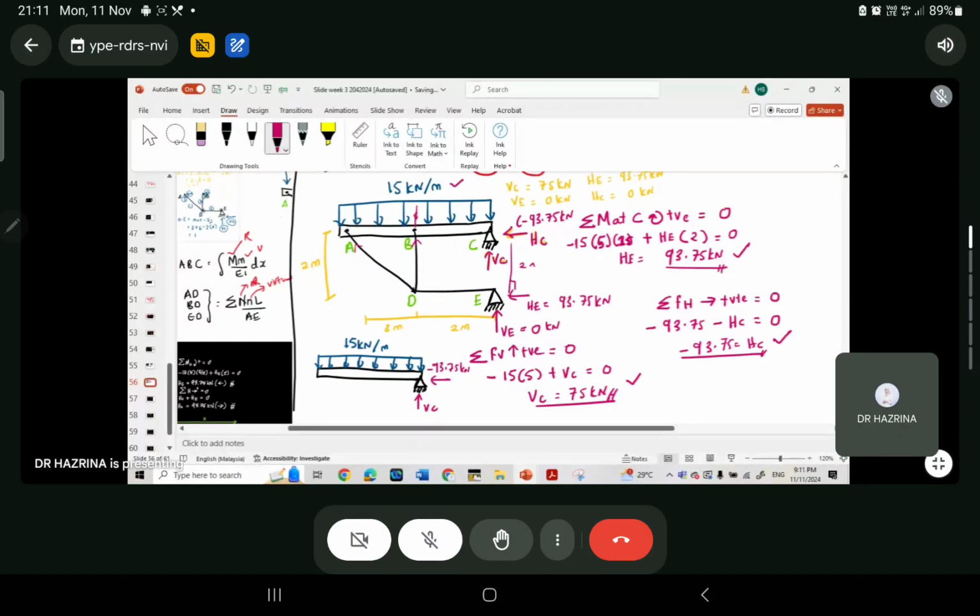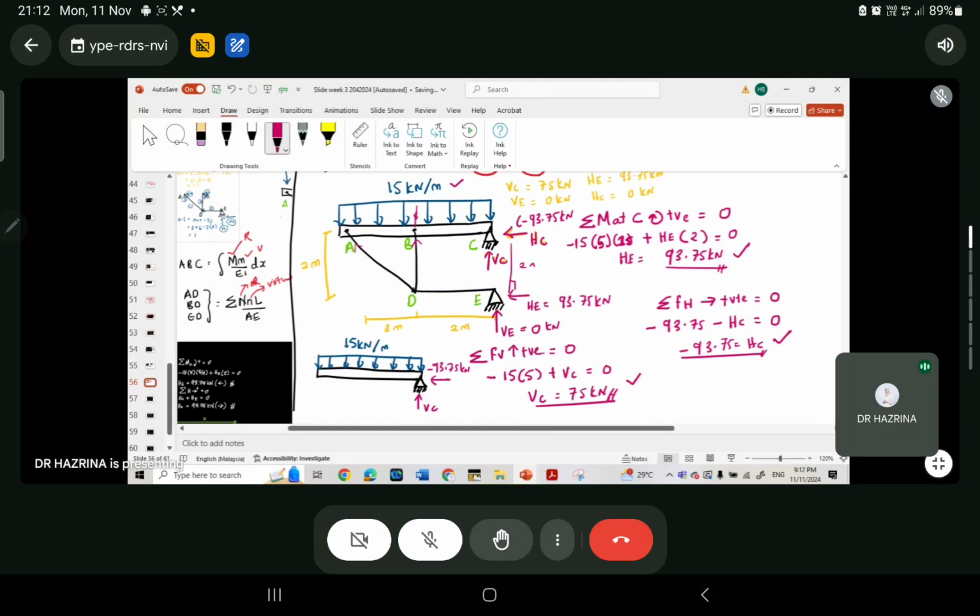Alright. Okay. So are you guys okay? And so if you're okay, I will go to the next step. Saya tanya, VE tu kosong sebab apa? VE dalam kes ni kosong, satu sebab dia adalah parallel sama line dengan VC. Yang kedua, VE ni dia tak ada carry any external load forces daripada 15 kN per meter.